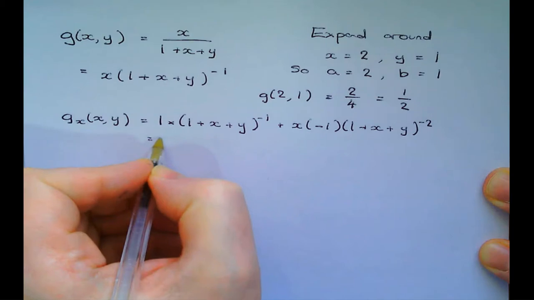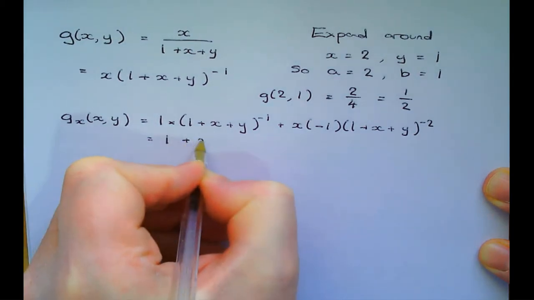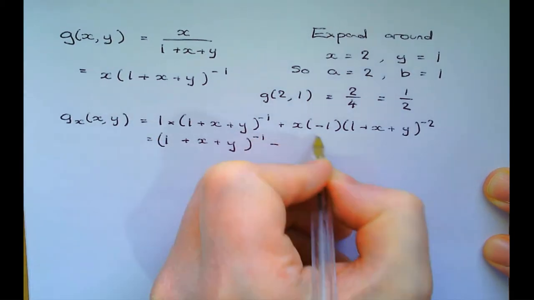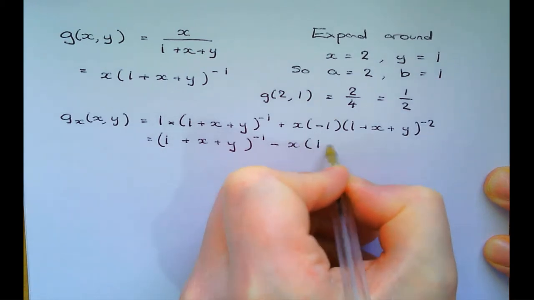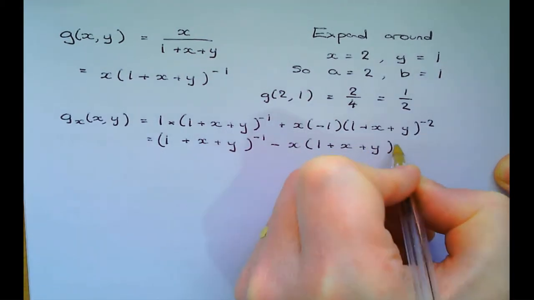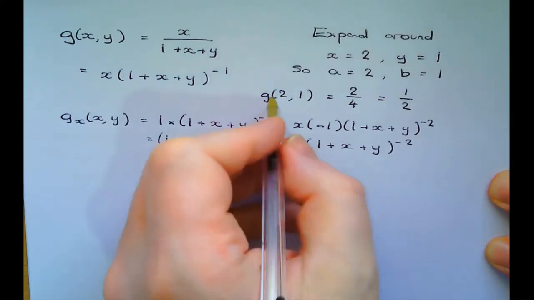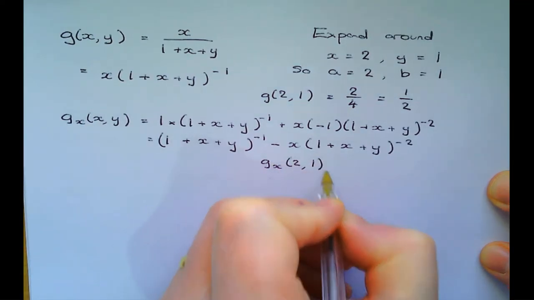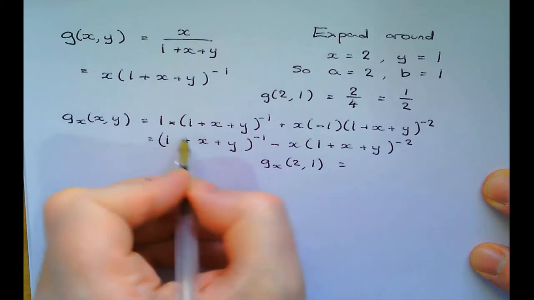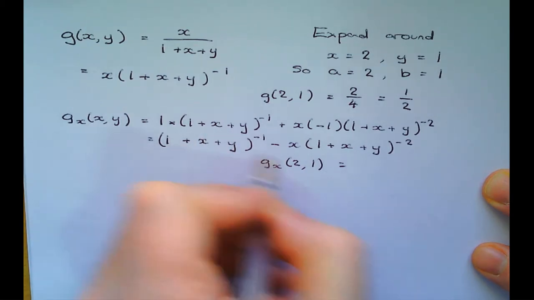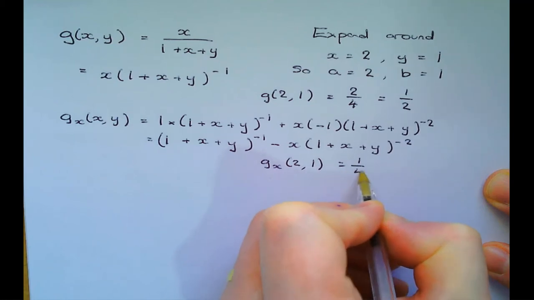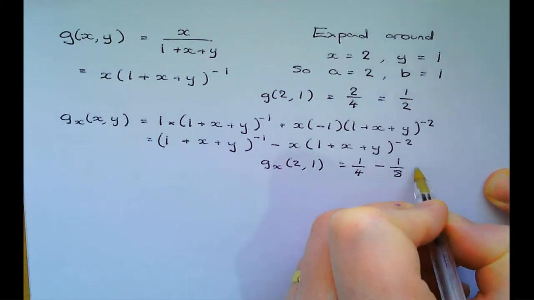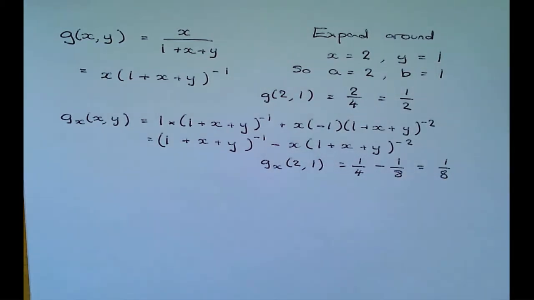So what we have here is 1 plus x plus y to the power minus 1 minus x times 1 plus x plus y to the power minus 2. And then that means that g_x at the point 2, 1. Remember, this bracket is equal to 4. So we'll have 1 over 4 minus 2 over 16. So we have 1/8.